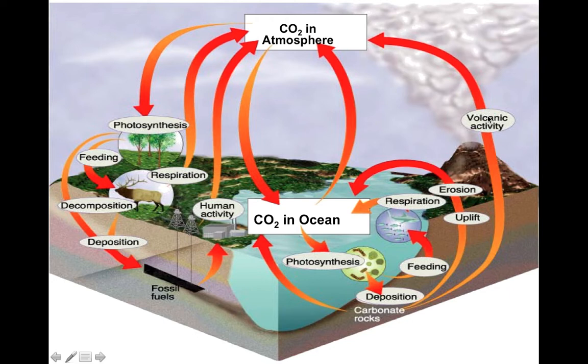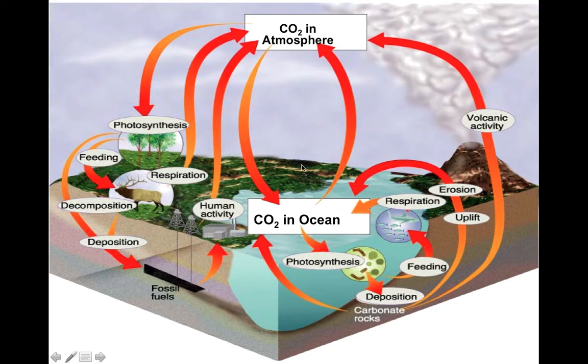We also see volcanoes can naturally put it in the atmosphere, and we also see the ocean can release it, and it can go back and forth between the ocean and the atmosphere. We also see all those same processes pretty much happening in the ocean, where we have algae that's doing photosynthesis, and then it's getting eaten by animals that are doing respiration, and we see very similar cycles happening over here.